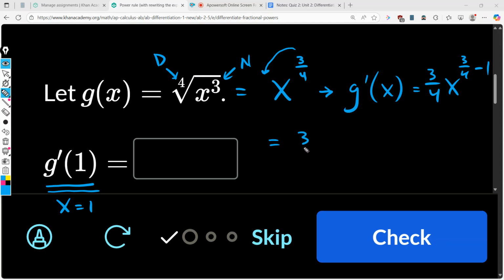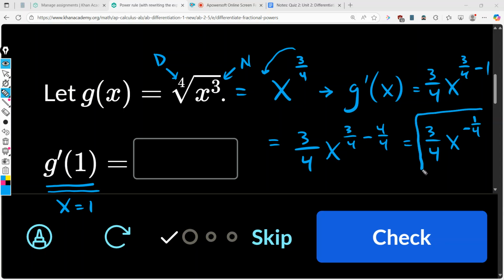We need a common denominator to subtract. 3/4 is the exponent, and minus 1 is the same as minus 4/4. So that's going to be 3/4 times x. 3/4 minus 4/4 is negative 1/4.